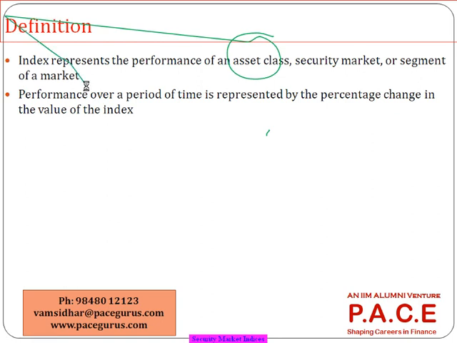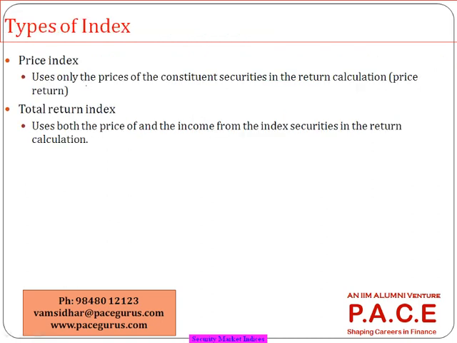Then when we are talking about indexes, there are two broad categories of indexes. One is purely based on the prices of the securities. By taking the prices of the securities only, the index is computed. The other is total returns. We hardly see these kind of indexes today, but they look at both the price as well as the returns, like dividends.